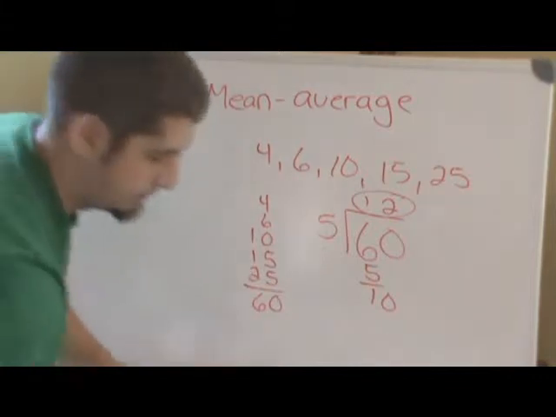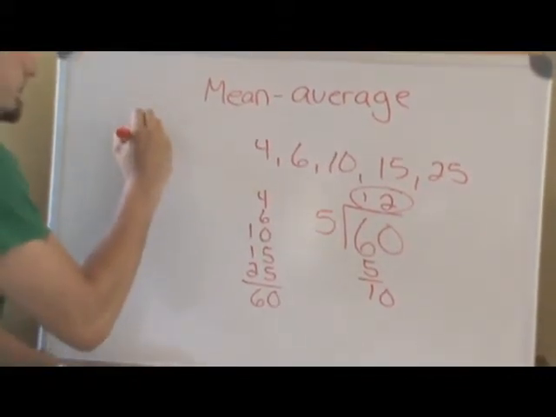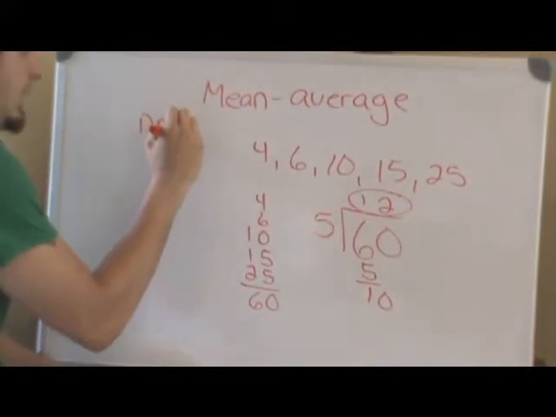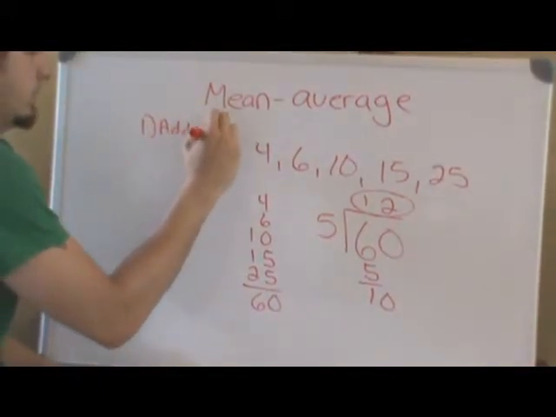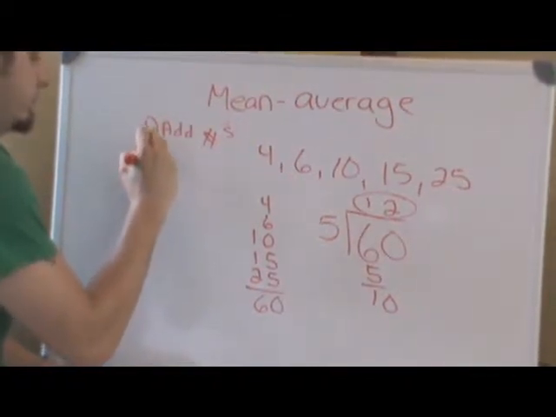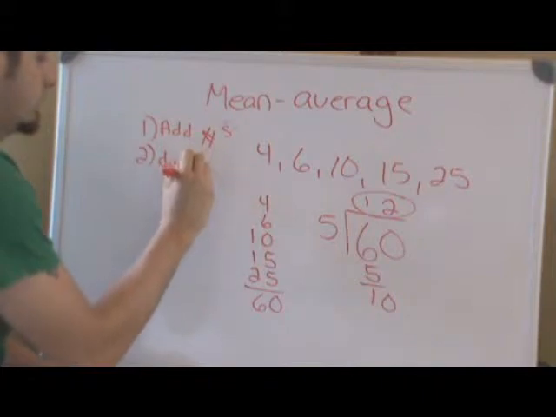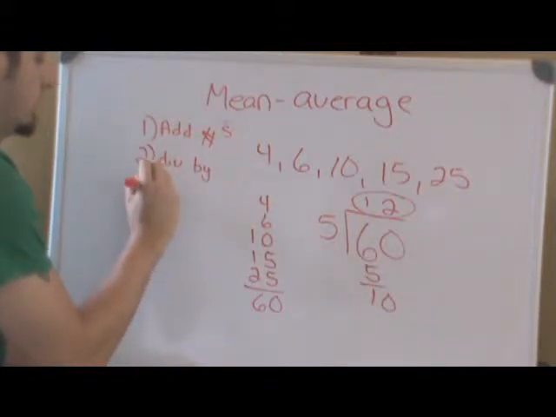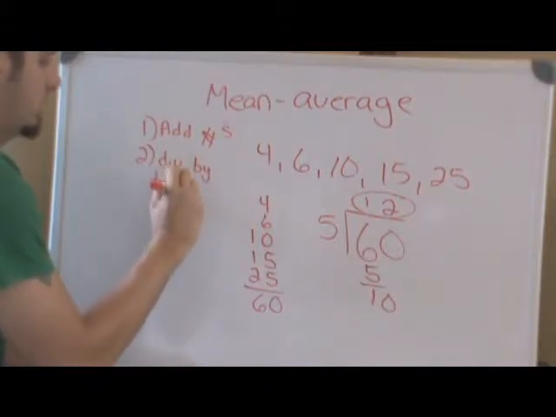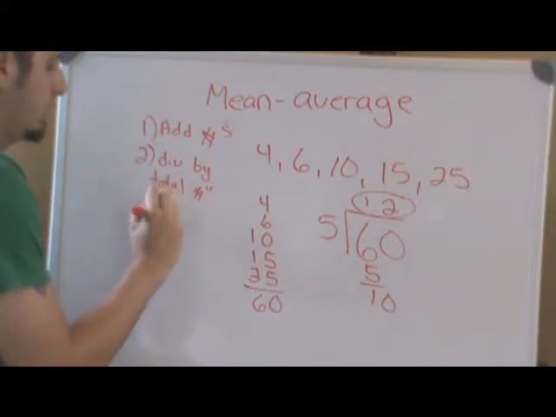So that's mean. Most of us have learned how to do that before. Step 1, you're going to add the numbers. Step 2, you're going to divide by the total numbers you added.